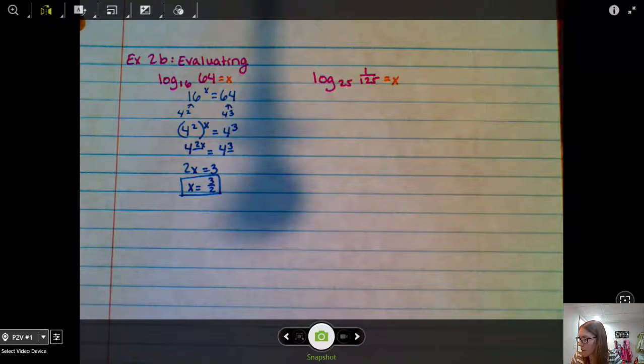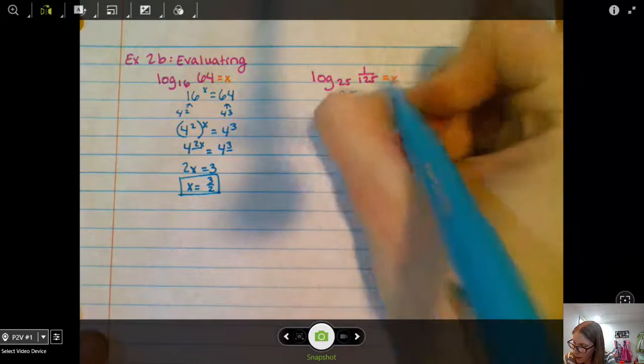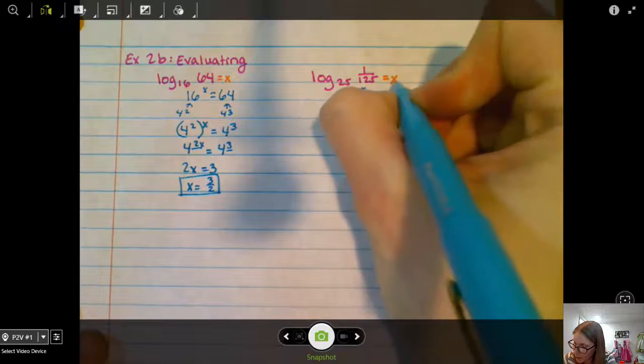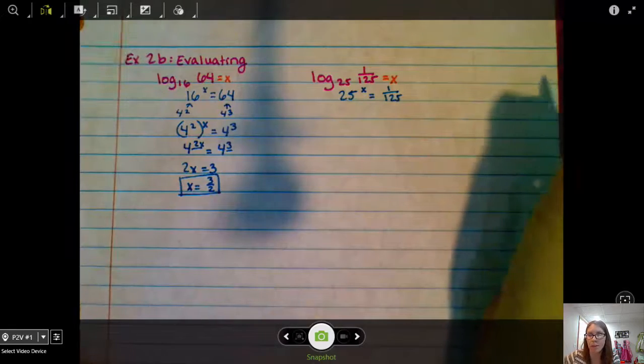Okay, and then our second problem, the log base 25 of 1 over 125. Let's start off in exponential form. 25 is my base, so 25 to the x power equals 1 over 125.